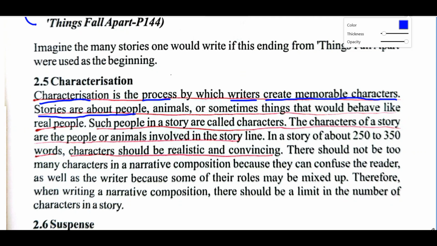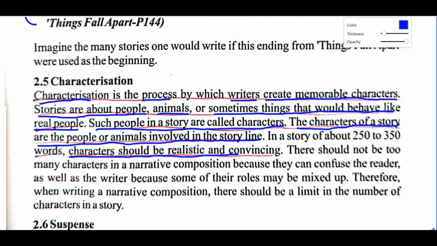Stories can be about people, animals, or sometimes things that behave like real people. Such people in a story are called characters. The characters of a story are the people and animals involved in the storyline. Characters should be realistic and convincing.